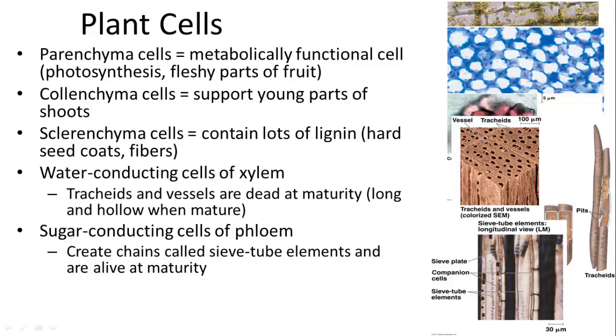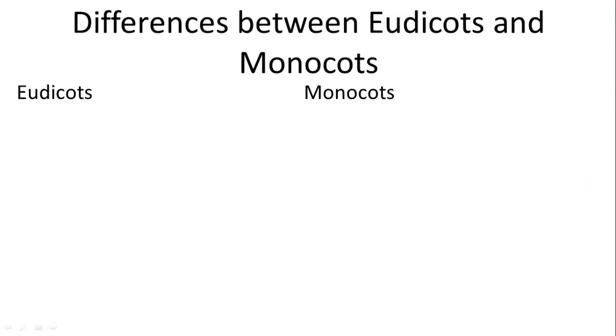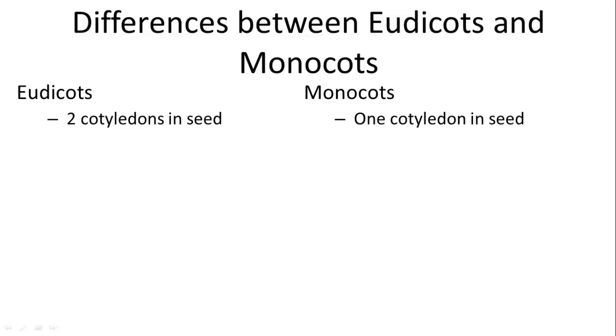All right, so based on the arrangement of these tissues and cells and different structures, you can classify angiosperms into two different groups, monocots and dicots or eudicots. Eudicots have two cotyledons in the seed, and this is part of the structure that eventually becomes the leaves and the stem.